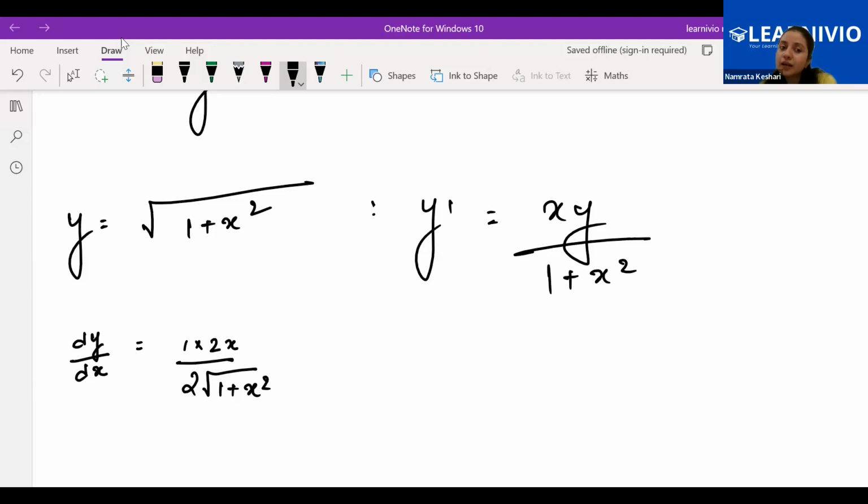Under root 1 plus x square, how did it come in the denominator? I just want to know how exactly it came in the denominator. It was in the numerator, how did it go to the denominator?